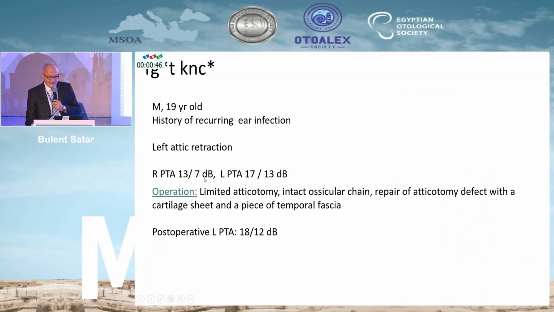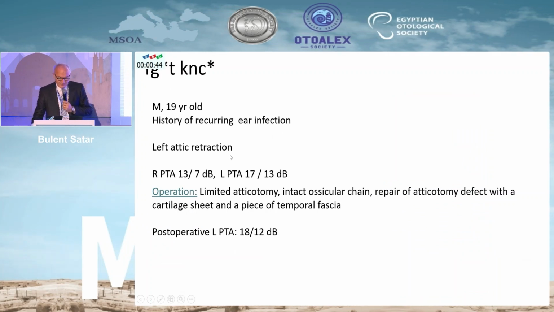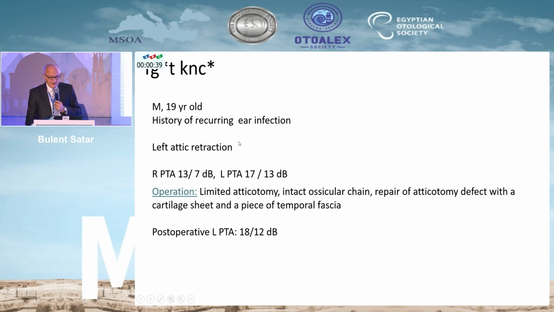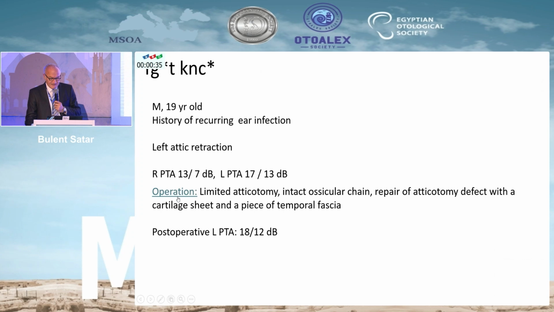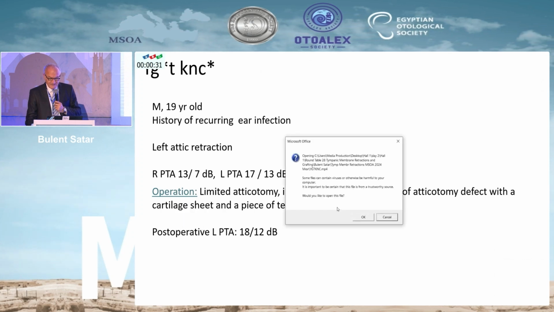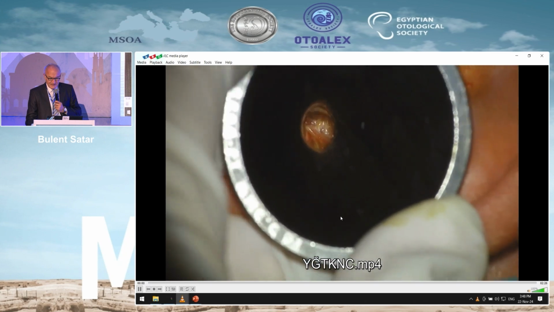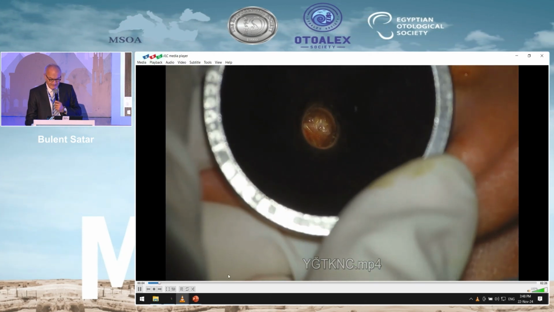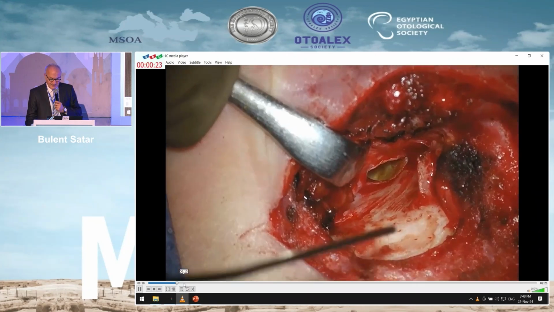And this case, a 19-year-old man, had a history of recurring ear infection. He had a left attic retraction, and he had normal hearing. We performed a limited atticotomy. This is the attic area and the posterior superior quadrant of the tympanic membrane.